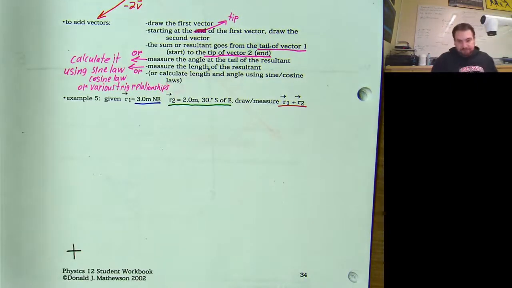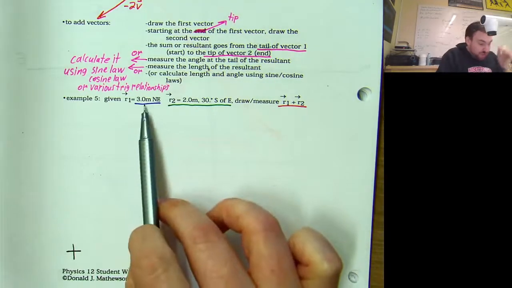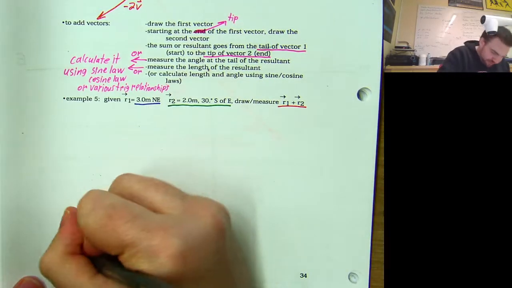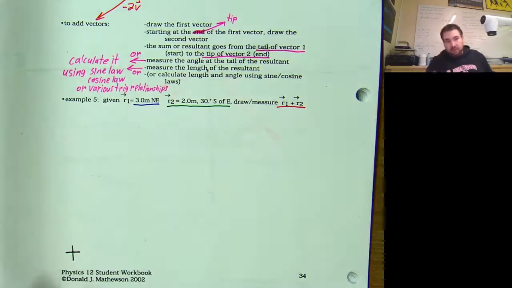So down here, a little coordinate grid. And then I want 3 meters due northeast. Okay, so my 3 meters, and draw big. One of my physics profs always told me, draw it, erase it, draw it bigger. You're never going to draw it quite as big as you should. So you've got the space, use it.